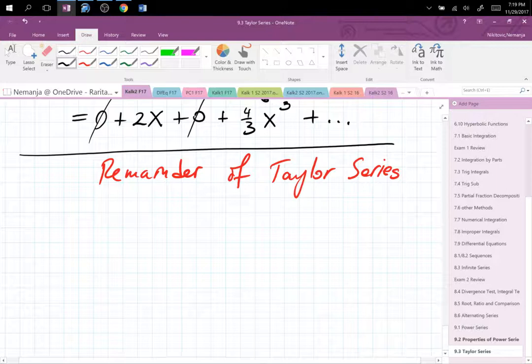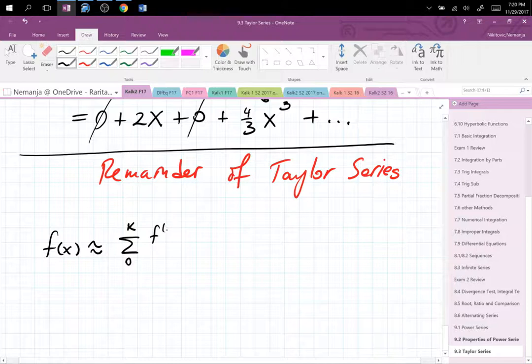If you say that f of x is approximated by the summation from 0 to, observe that I'm using a finite value, let's say k, of the nth derivative of f at a divided by n factorial, times x minus a to the n. I'm not going to infinity.